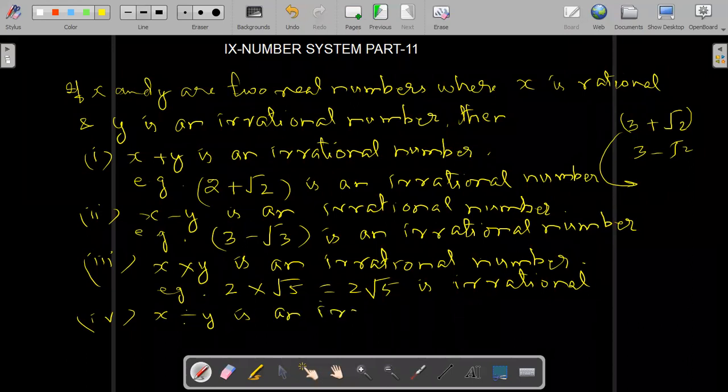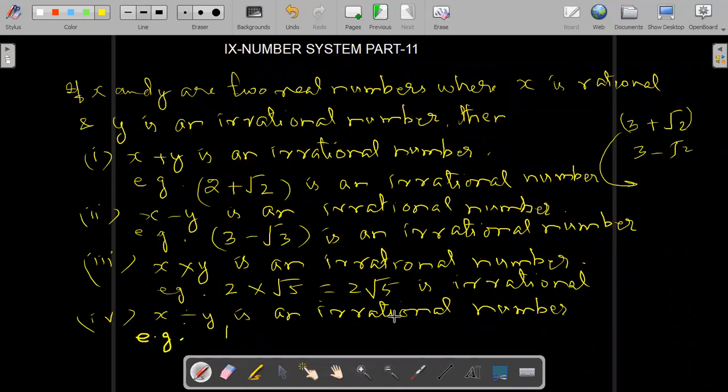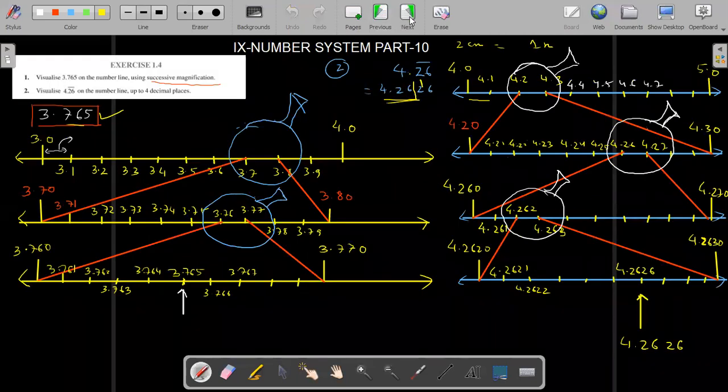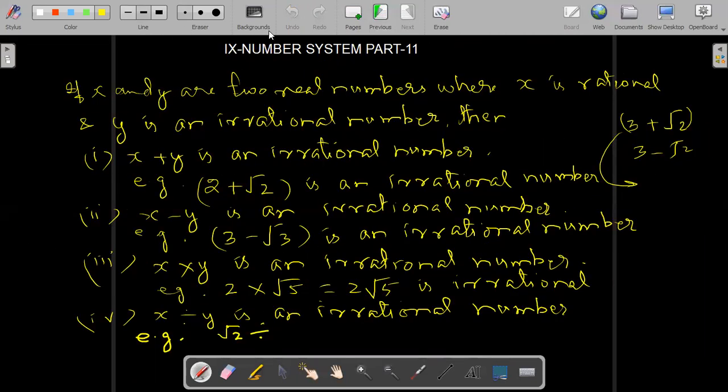Example, root 2 divided by... whether we write root 2 first or the irrational number first, the result will be an irrational number.